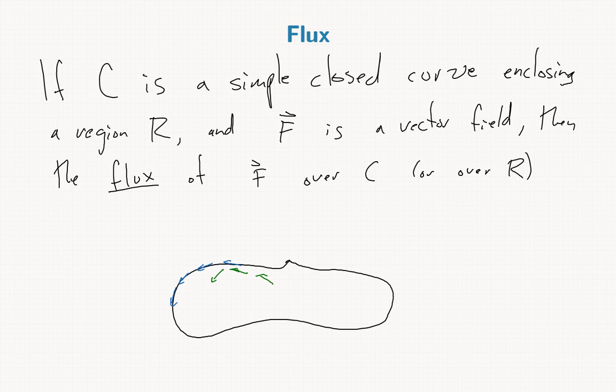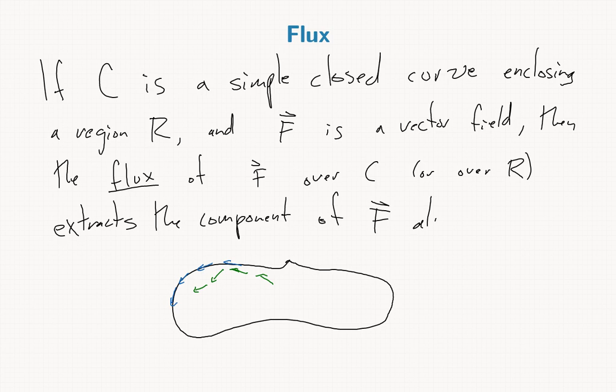Previously, when we were doing the work integral, we were calculating the component of F not along the tangent vectors of the curve, but along the normal direction of C.